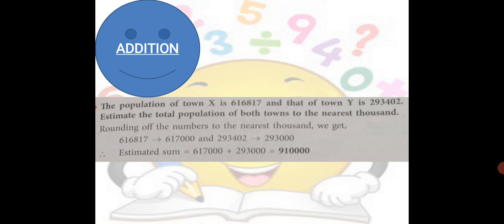And if the digit is more than or equal to 5, then it will be increased by 1. So after rounding off, we are getting the number 2,93,000 only. And if we add these two numbers, 6,17,000 with 2,93,000, we get the estimated sum of 9,10,000. Okay, children, I hope this is clear to you.